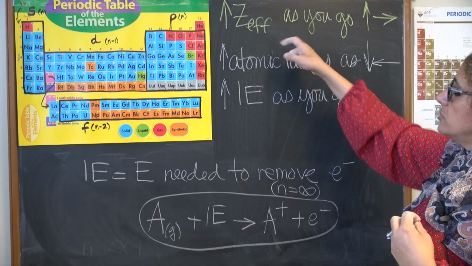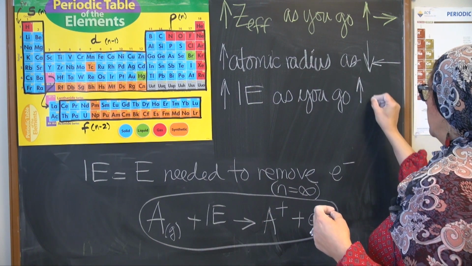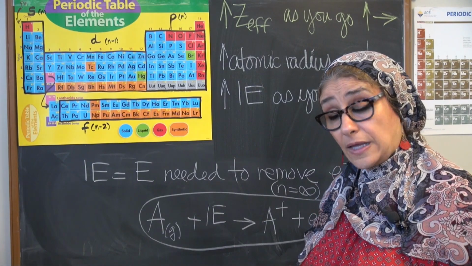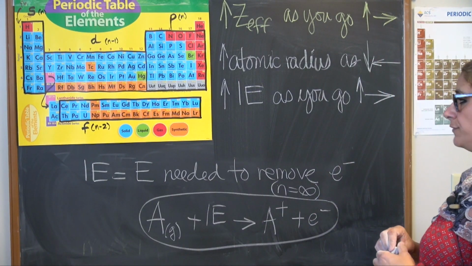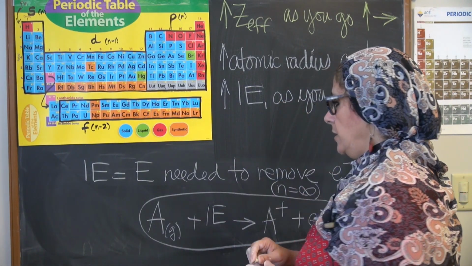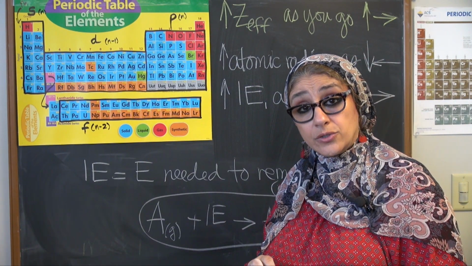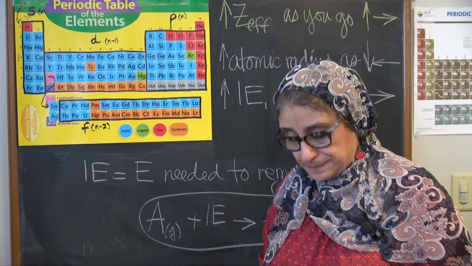So it follows effective nuclear charge increasing as you go up and to the right. All right. Now this is only for the first ionization energy. We will talk about successive ionizations in class.